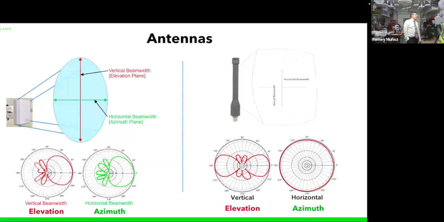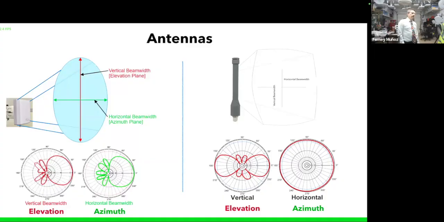Yes, you might be an expert when it comes to antennas and you may understand this, but bear with me, because many people will be watching these videos and they have no idea, and they think that high gain is better than low gain because it sounds better. High is better than low, I think. So let's just try to explain this in simple terms so that we can better understand Wi-Fi.